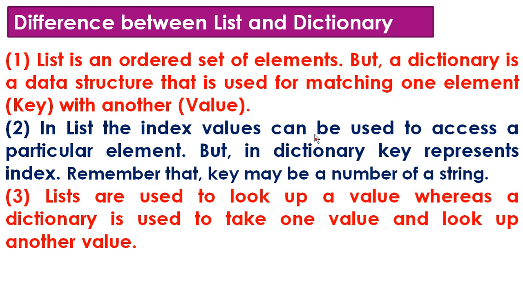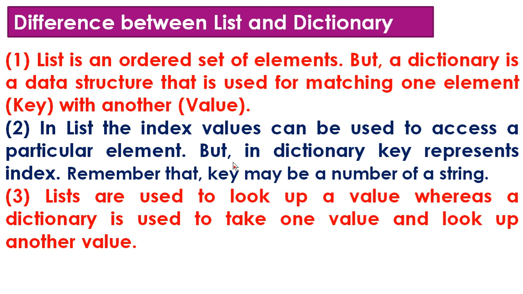In a list, index values can be used to access a particular element. But in a dictionary, the key represents the index, so we access the elements by using the key value.